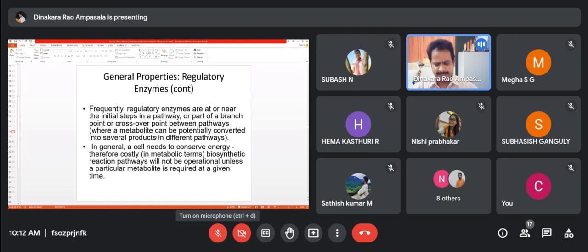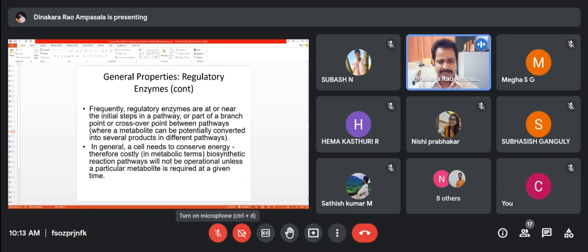So these regulatory enzymes are normally at the initial stage, part of branch points where the crossing over from one pathway to another happens, so that one molecule can convert into different molecules. Here these enzymes will be initial points. It is very important to start the reaction, so to start the reaction, these enzymes may sometimes be rate limiting enzymes.